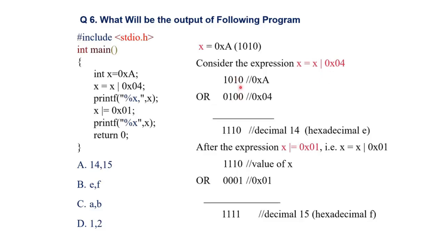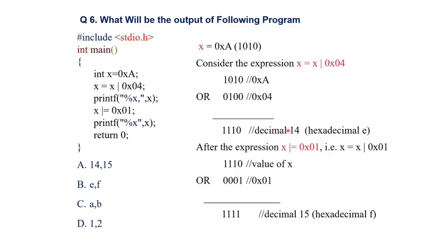So these two will be ORed, and the answer of this OR operation is 1110, which I have explained in the last program also. So the evaluation of this expression is 1110, which is equivalent to decimal 14 and hexadecimal value E.